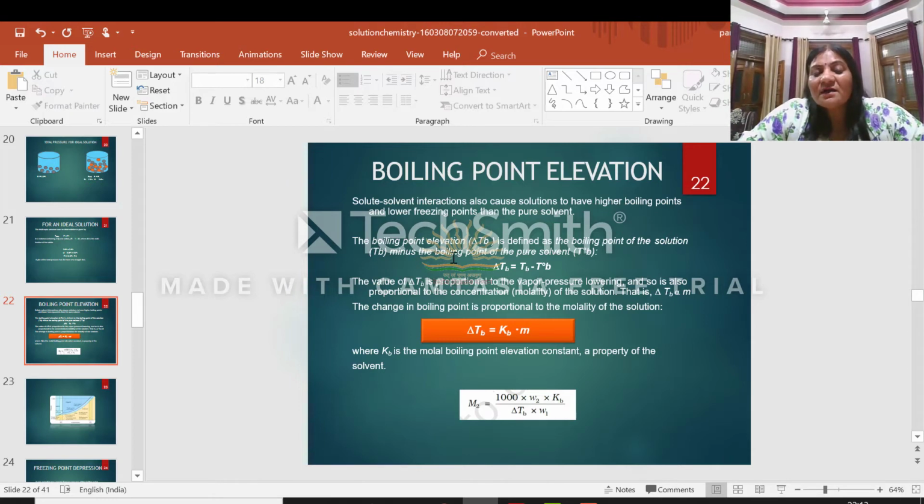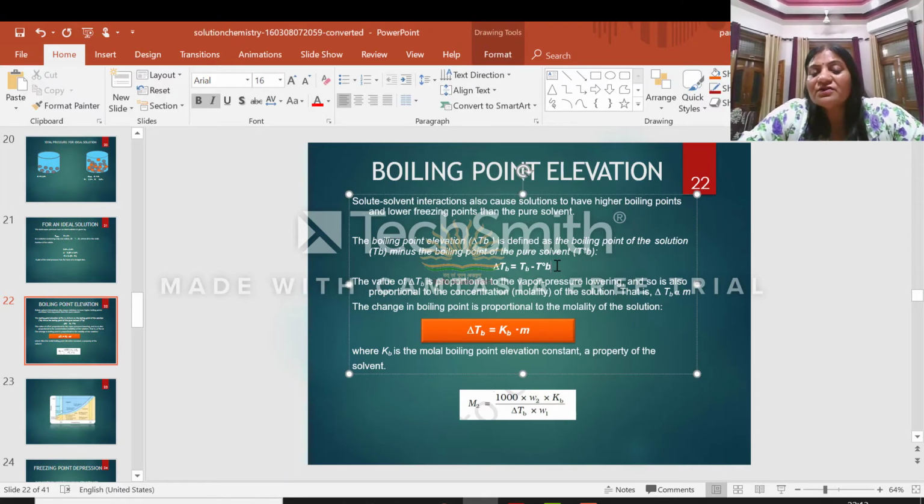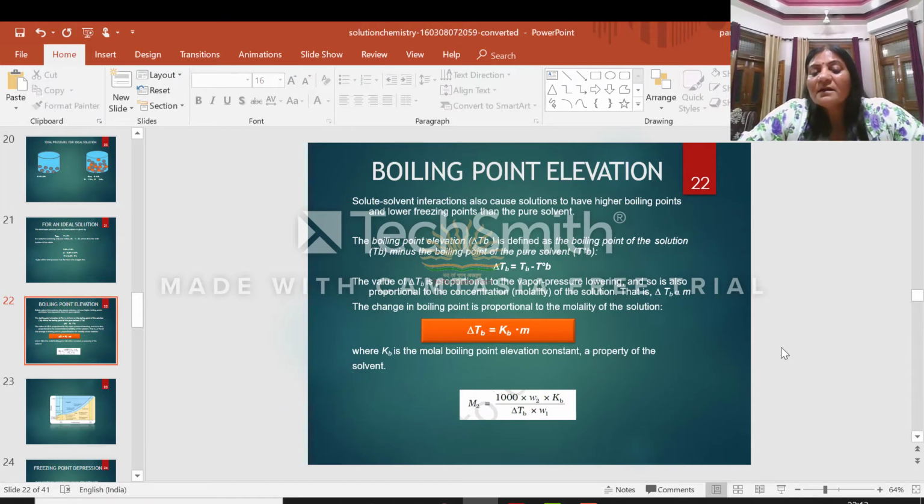So when the vapor pressure decreases, the boiling point increases. We have to heat that solution more to equalize the vapor pressure of the solution to the atmospheric pressure.